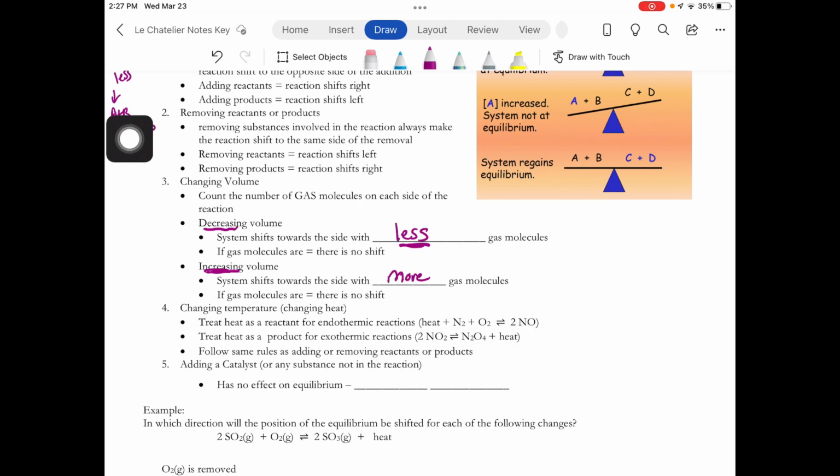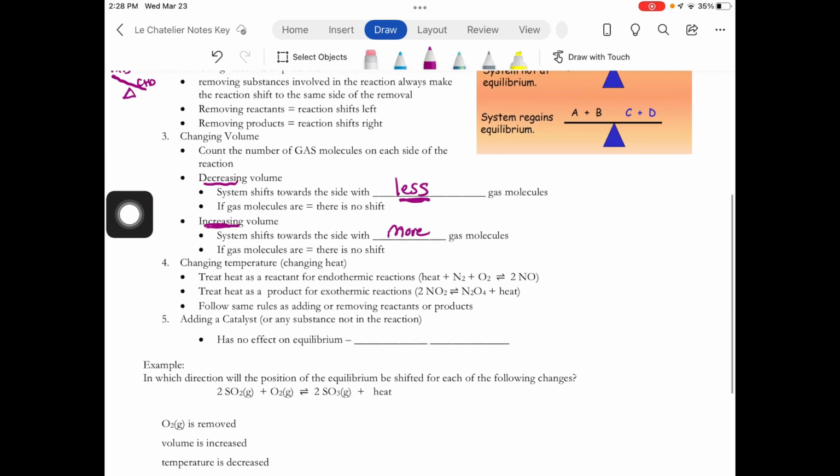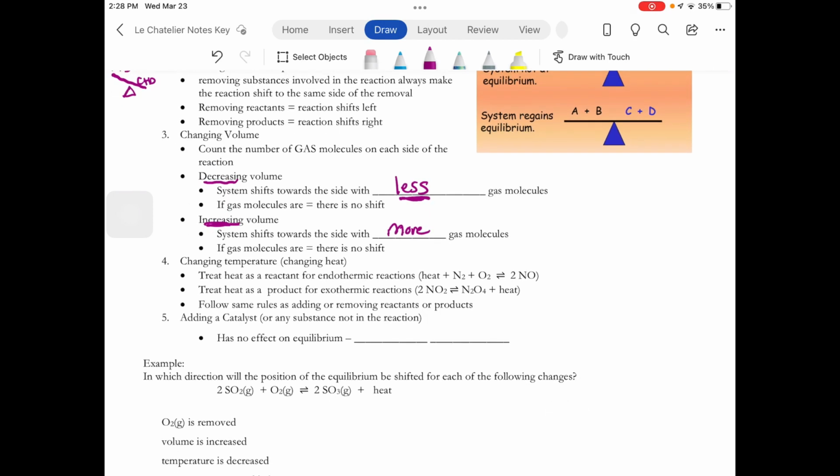Then treat it as if you're adding or removing it. If you add a catalyst or any substance not in the reaction, it has no effect on equilibrium, so it would always be no shift.